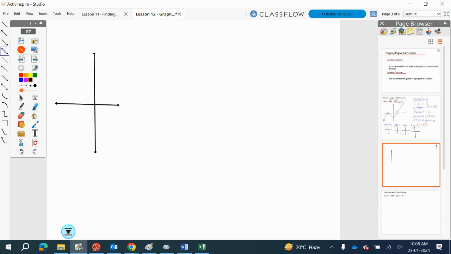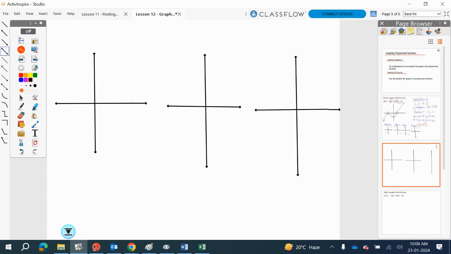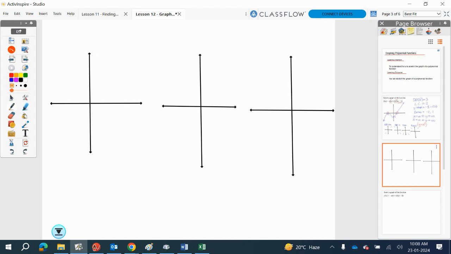So a root can cause three possible sort of shapes. So if the multiplicity of the factor of the root is 1, it's going to go through like this or like that. So if it's 1, it's like this.